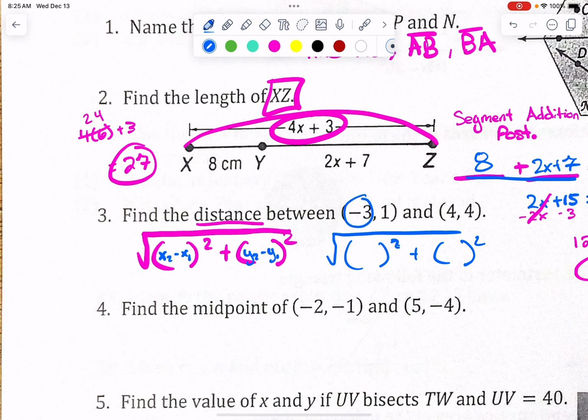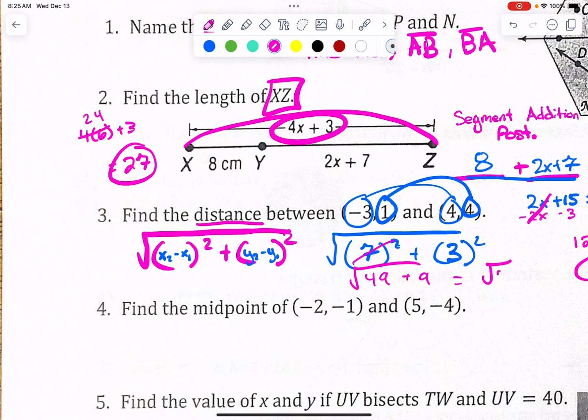So I look and say from -3 to 4, how far of a distance is that, which is exactly like doing x2 minus x1. So -3 to 4, that's 7 units apart. 1 to 4 is 3 units apart. That would be like subtracting my y values. Okay, 7 squared is 49, 3 squared is 9, and that is going to be the square root of 58.